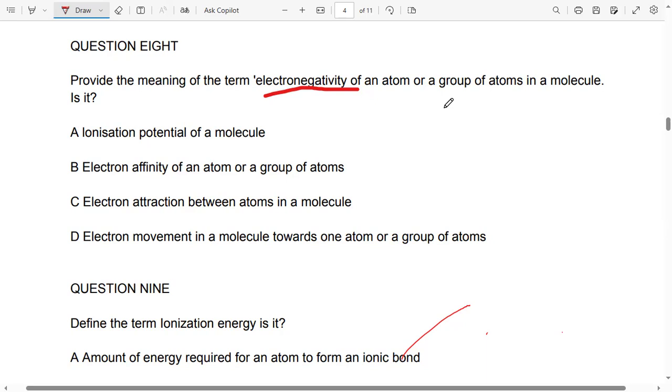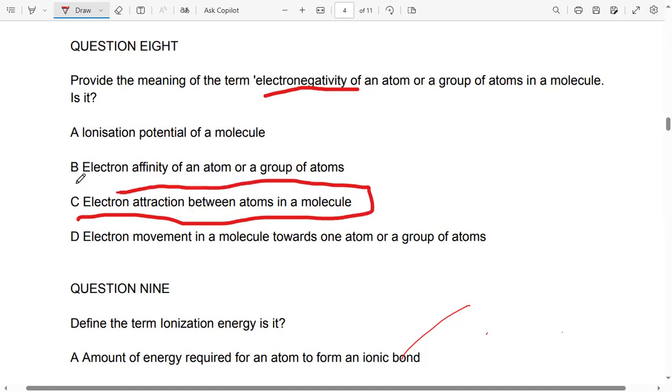Electronegativity measures the ability to attract electrons in a bond. So the best answer here is C: electronegativity means electron attraction between atoms in a molecule. That attraction is what we call electronegativity.